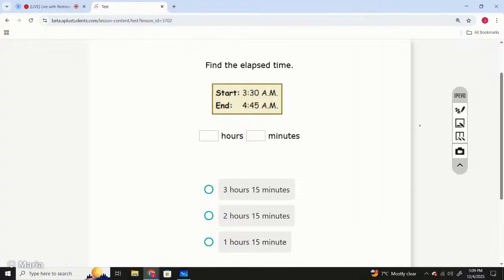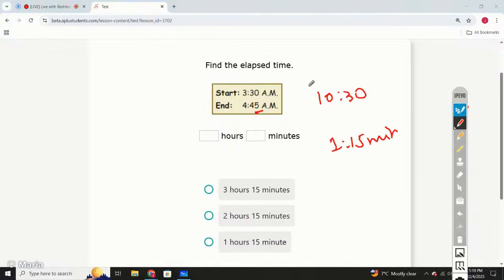Find the elapsed time 3:30 to 4:45. So from 3:30 to 4:45, just add 1 hour. So 3:30 plus 1 hour is 4:30.